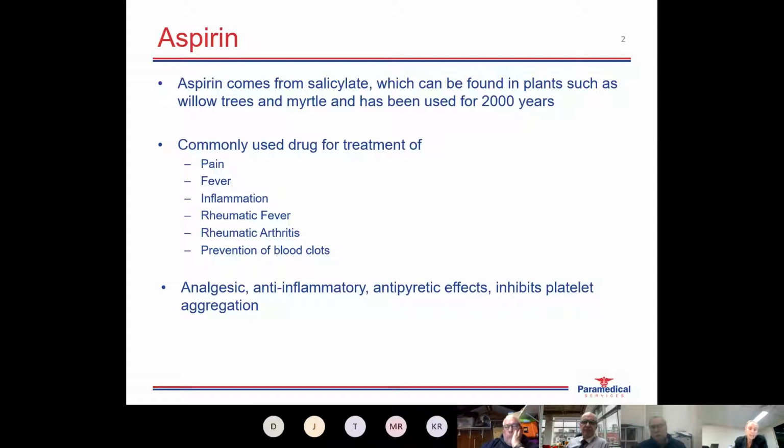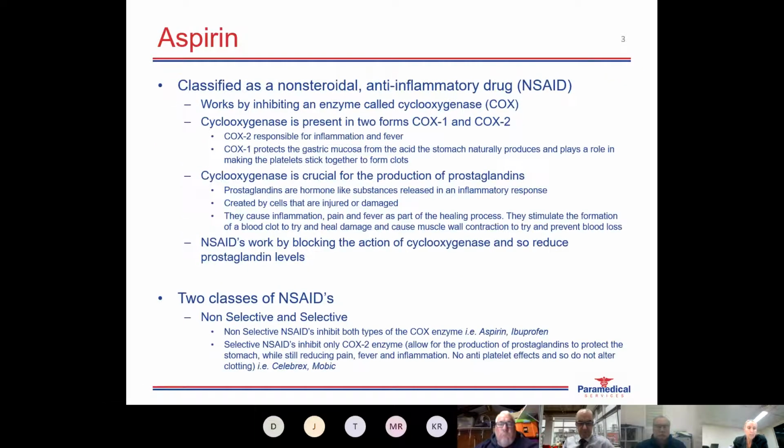It is an analgesic, it's an anti-inflammatory, it has antipyretic effects, and it does inhibit platelet aggregation. So in general terms, we do use it for quite a variety of illnesses or injuries within the pre-hospital and hospital environments.